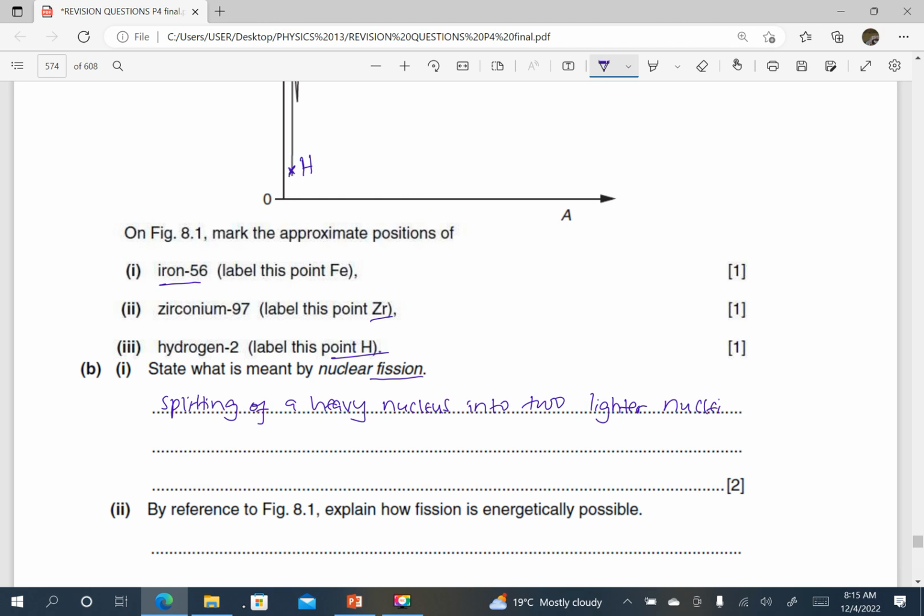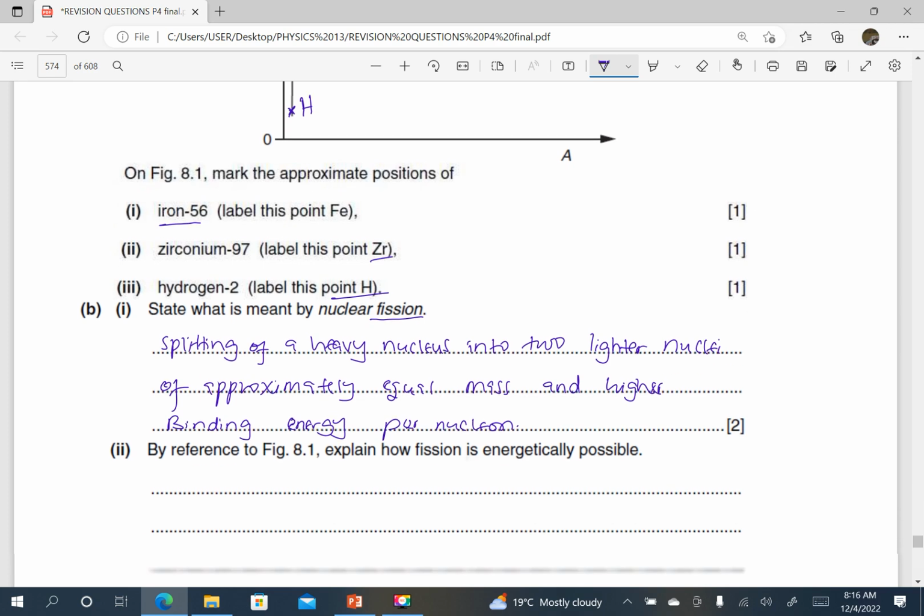So the splitting of a heavy nucleus into two lighter nuclei of approximately equal mass and higher binding energy per nucleon, that is what we call nuclear fission.